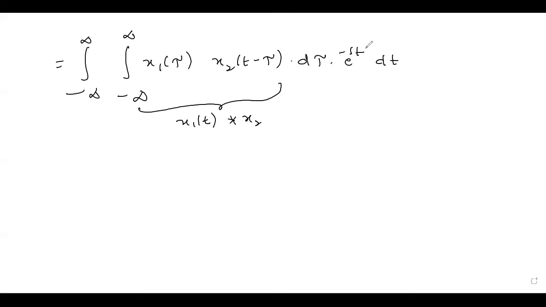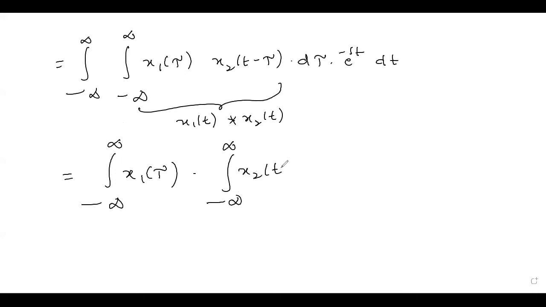Here there is arrangement of terms, interchanging the order. So first, minus infinity to infinity, whatever first term is there, let us write it outside, single x1 of tau, then minus infinity to infinity x2 of t minus tau, then e power minus st dt d tau, interchanging the order of integration. Next, let t minus tau equal to some other time variable p, small p.